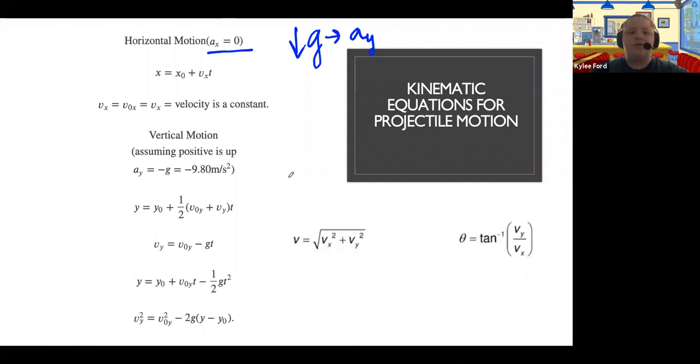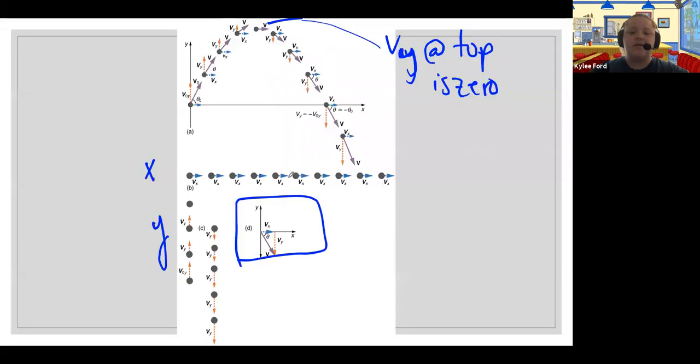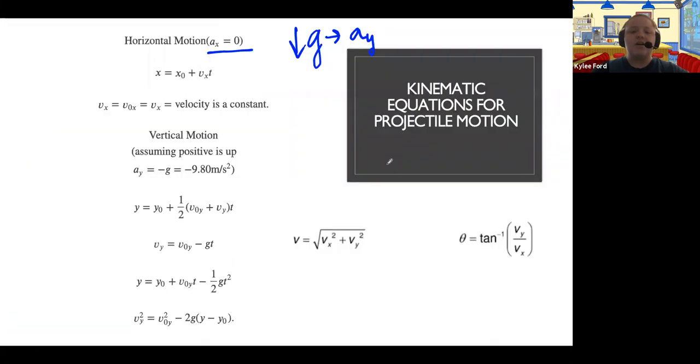Next, if you remember looking at this plot, our velocity in the x direction remained constant the entire time. That's another thing we want to mark down. So our velocity in our x direction is going to be the same throughout the entire thing.